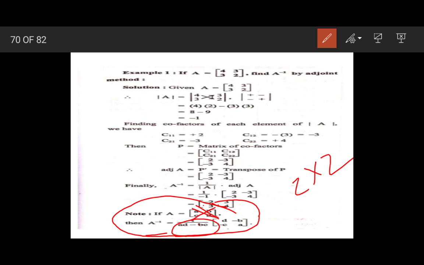Okay, so you can directly write this A inverse only for 2 by 2 matrix. Okay, only for 2 by 2 matrix, if A is a, b, c, d, then you can write A inverse directly as 1 upon ad minus bc into the matrix d, b, c, a.